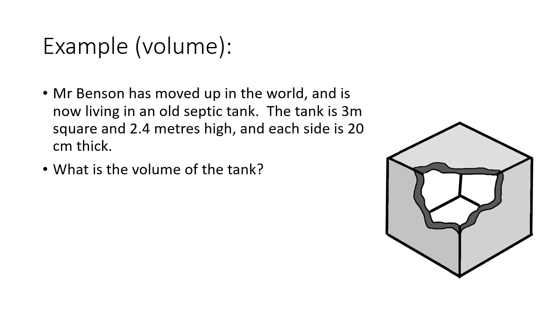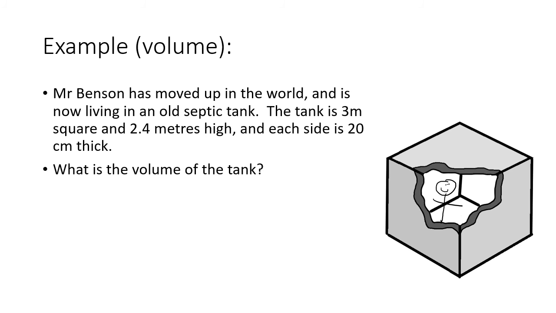So volume is easy. We're just thinking, how much space does that whole object take up? Now, sorry, the diagram is just meant to show a cutaway into the tank where I'm perhaps living happily, hopefully. There we go. So we're just really meant to think of the tank as being a rectangular prism.